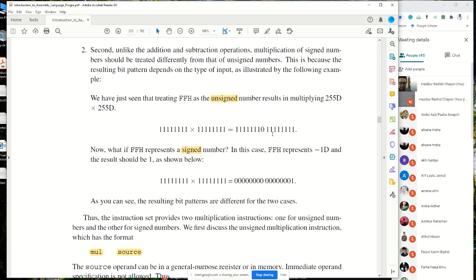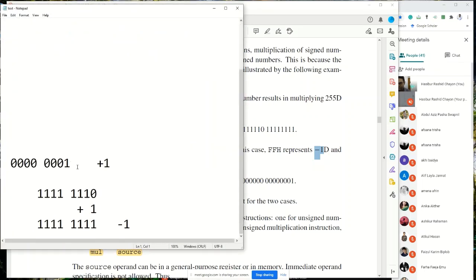But if you think of the same bit pattern, 11111111, as a signed number, then all ones does not mean 255 in decimal. If you think this is a signed number, it will actually represent -1. I hope I have shown you how it is -1.